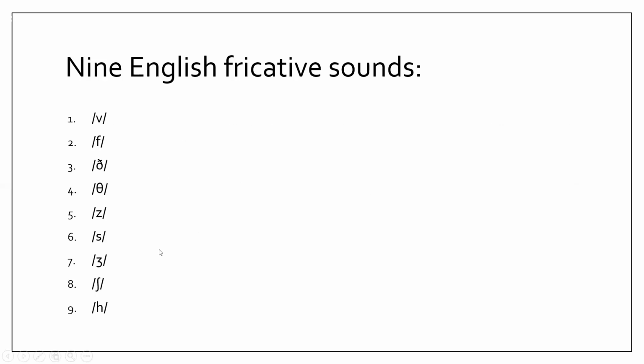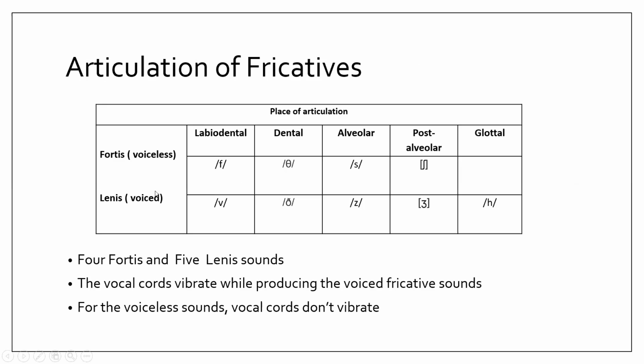Okay, so next, let's move on to the articulation of fricatives. Let's look at the table. As you can see, we have two types: fortis and lentis. Fortis are the voiceless sounds and lentis are the voiced sounds.